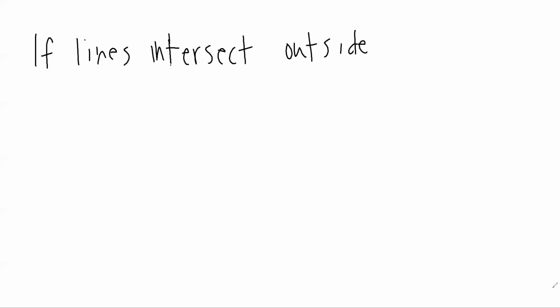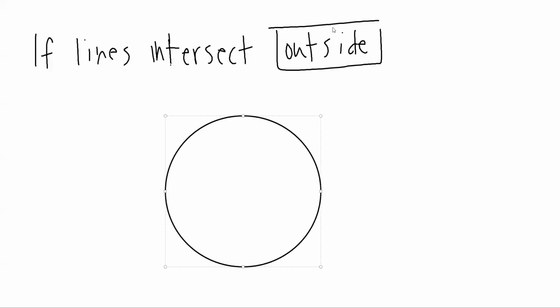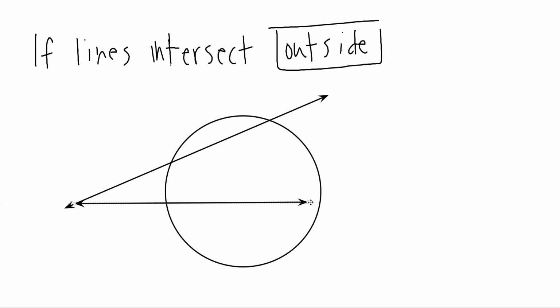If my lines intersect outside my circle, so let's draw a picture of that. So now my lines intersect out here, right?